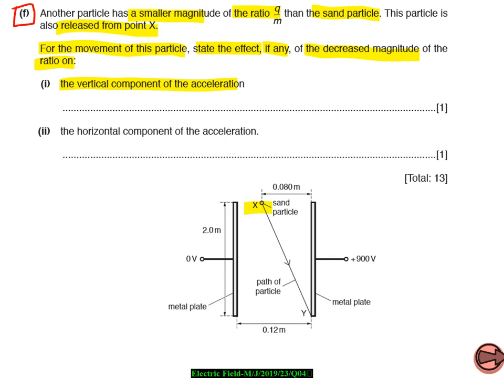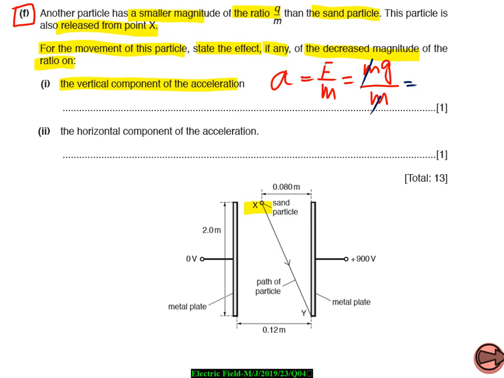So we can write a is equal to F over m according to Newton's second law, and in this case the force will be equal to mg, and if we divide by m, we can cancel m with m, so we get a is equal to g. It simply means that a is independent of mass, so there is no effect on the vertical component of the acceleration.